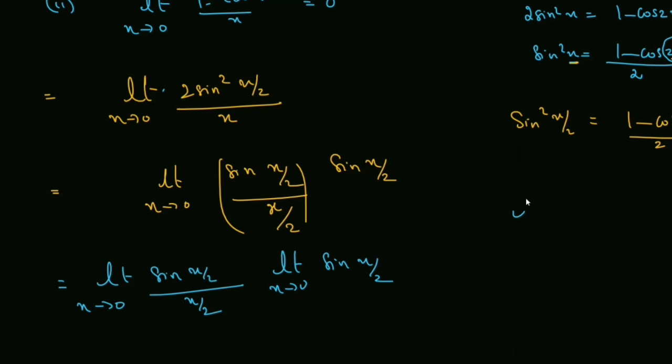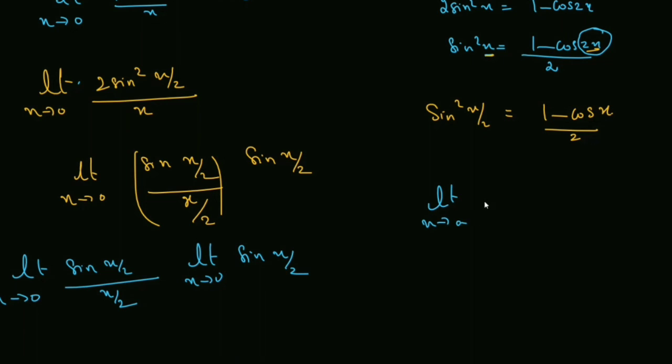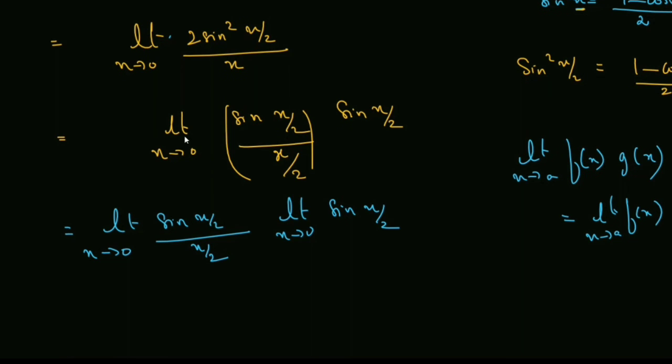You have learned as a property, limit x tends to a, f of x into g of x is nothing but the product of the limits, so you can separate the functions and then find the limits. I am just doing that here. So the first limit will become 1. But in the second, when you substitute x as 0, sin 0 value is 0. So the value is 0.